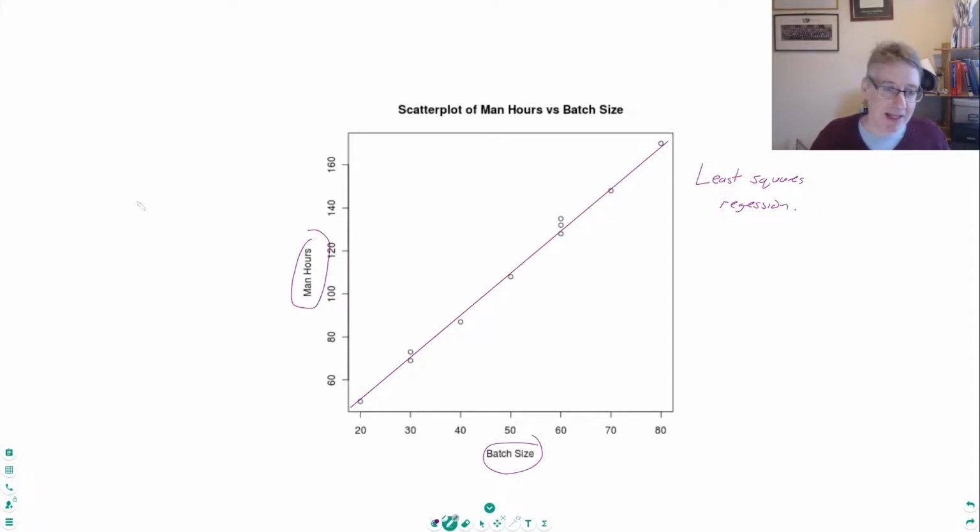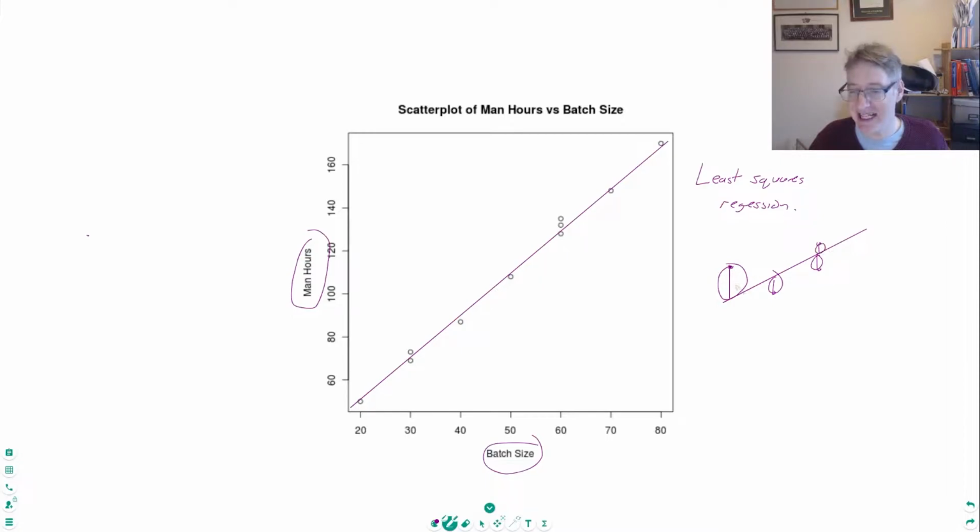In practice, I have some set of data here, a very simple set of data, and I'm trying to draw a straight line through those. What I'm going to do is drop a load of vertical lines from the line to the points, and the straight line that fits best is the line that minimizes the sum of the squares of these distances.